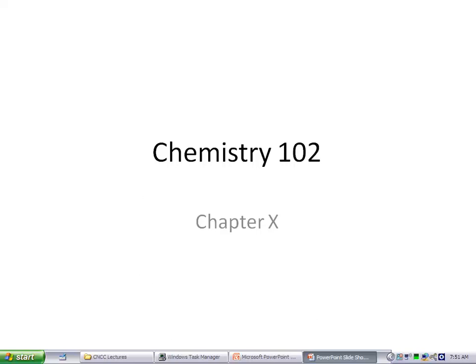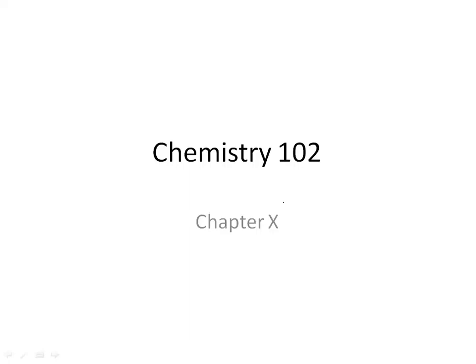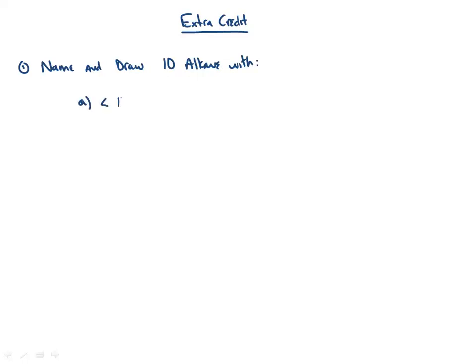Did I push the start button yet? Oh, good. Okay. So, extra credit assignment. And I'm going to be picky on it too, so you have to do well and try hard. It is name and draw 10 alkanes with, first criteria, they have to be less than 10 carbons long.